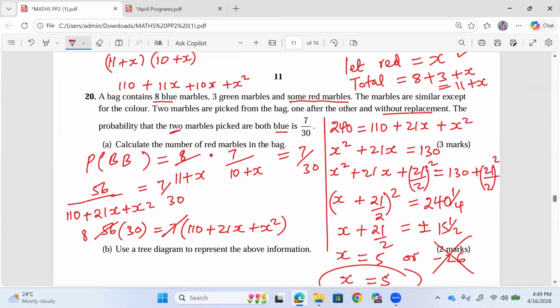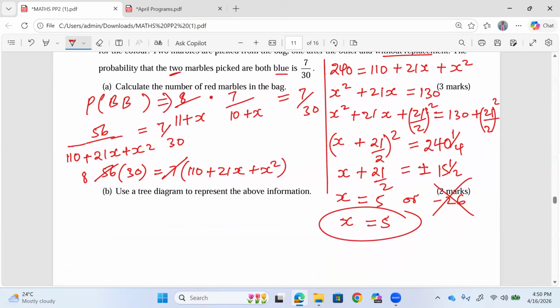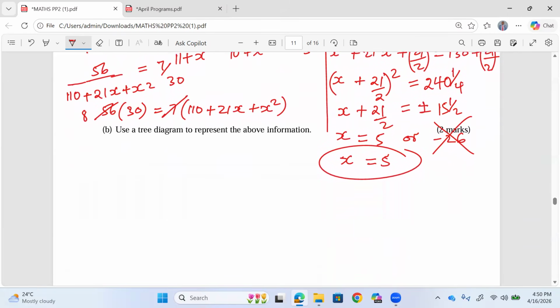That's why we said the probability here equals to total of the blues, 8 over the total that we had, multiplied by the second picking of a blue, which is now 7 out of the new total, whereby we are lessening 1. Then you proceed with the normal equation, you compute and you get your answer. It's a very good question.